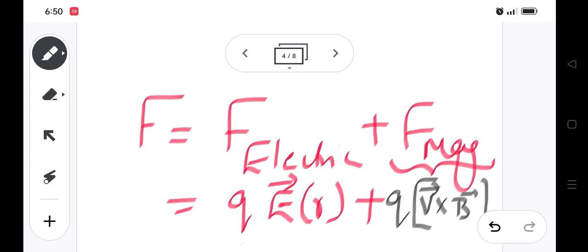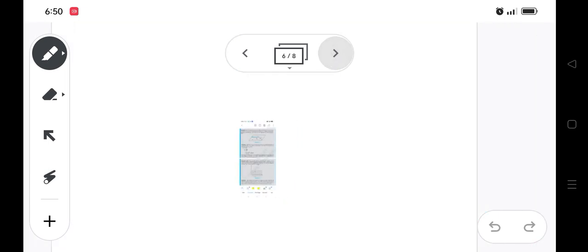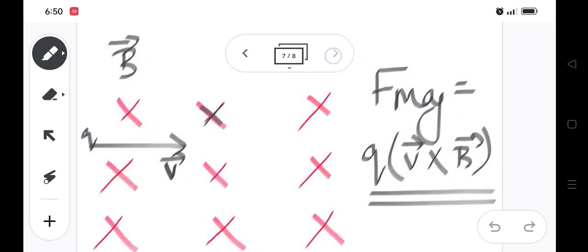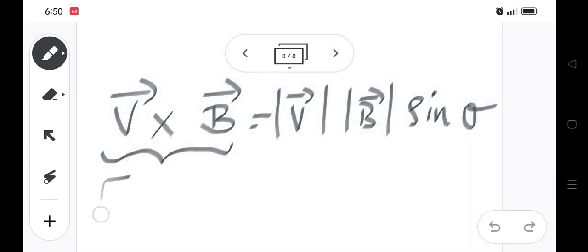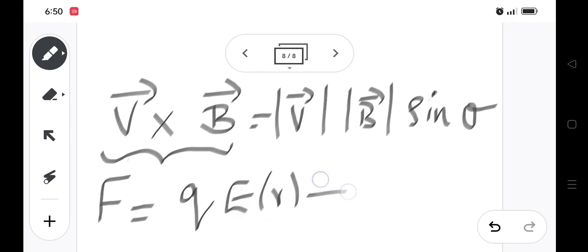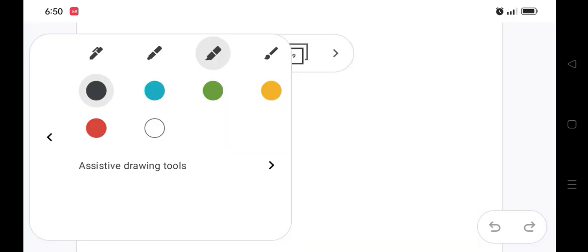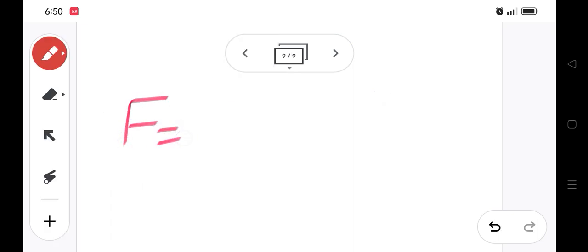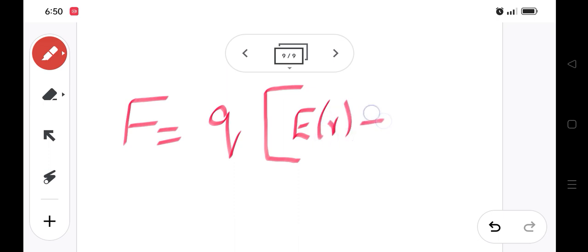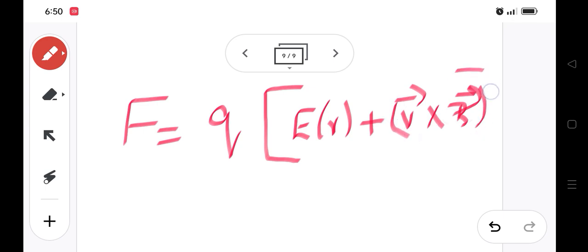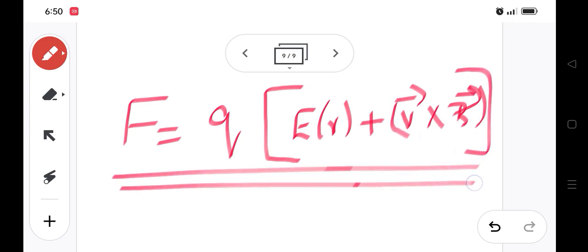Okay, so the Lorentz force is equal to qE of r plus q into v cross B. Taking q as common, F equals q into E of r plus v cross B. This is nothing but the Lorentz force.